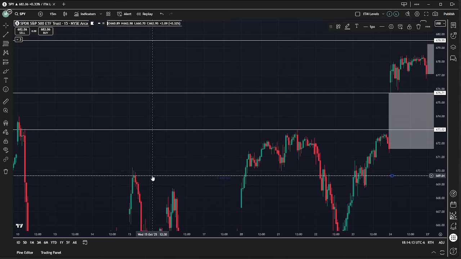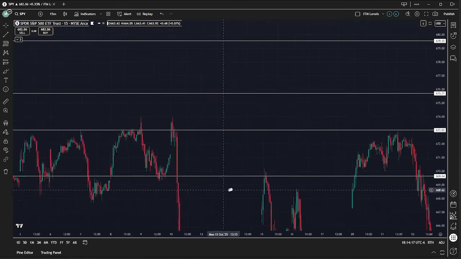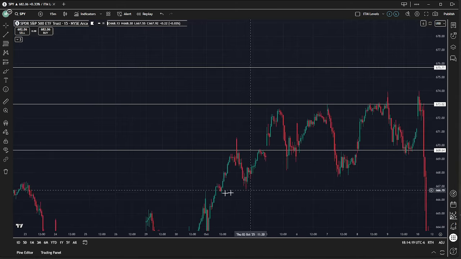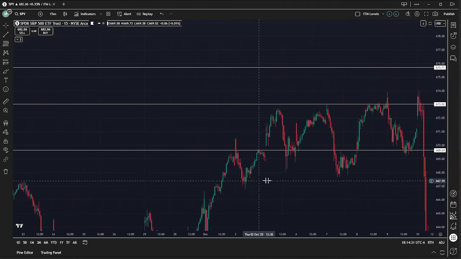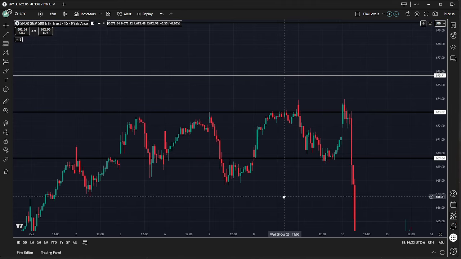You guys are just going to have to bear with me a little bit. Sometimes, like I said, I like to look at every single candle to make sure it's placed exactly where I want it. So I'm just going to compare a lot of candles with each other.